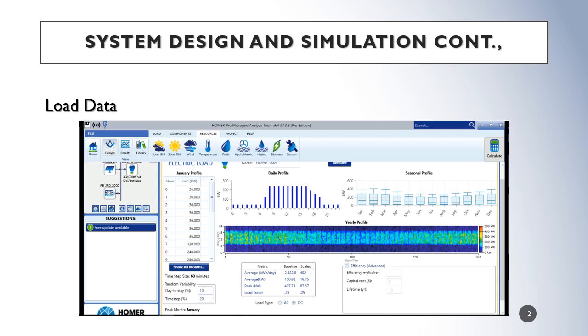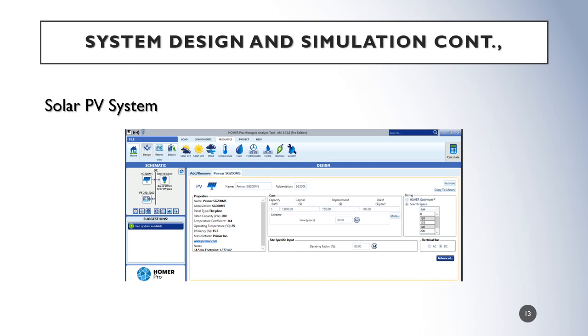Then the main power source, a solar PV system, is added to the system. Since HOMER has the optimizing feature itself, we added different sizes of PV system capacity to get a maximum output, and the prices were provided according to the current market values.